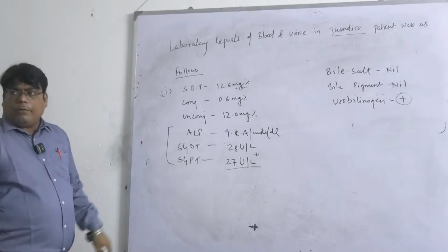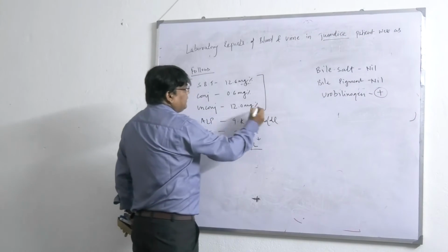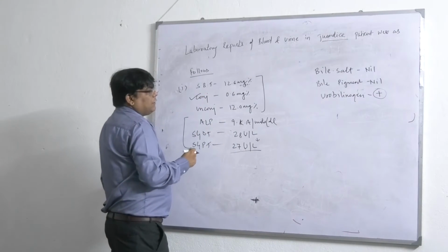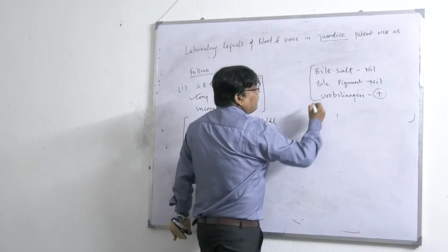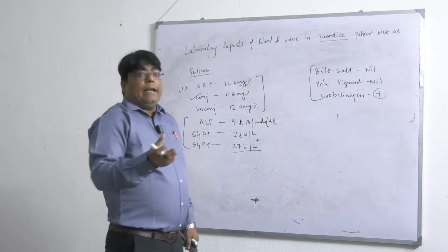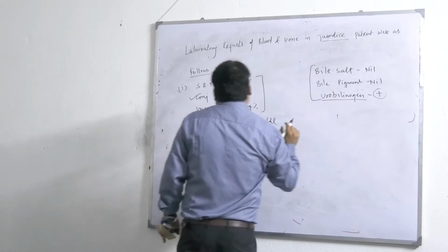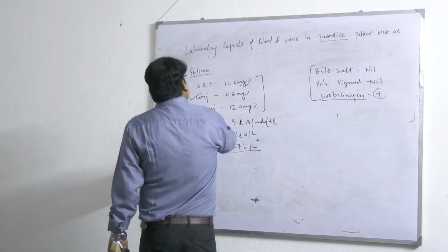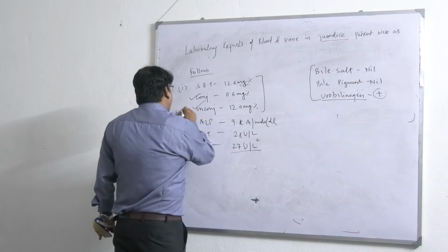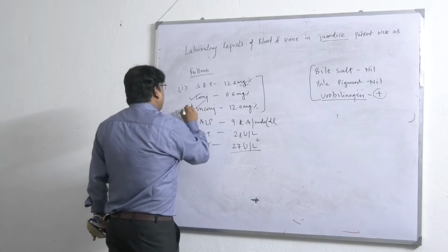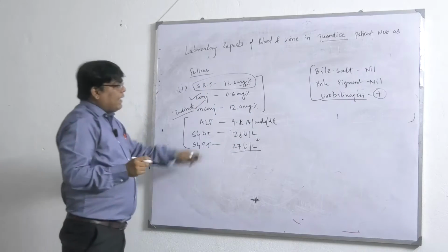All parameters are as in your previous reports. Conjugated bilirubin is normal, bile salt is negative, and bile pigment is nil in the urine. Urobilinogen is already positive. Now the unconjugated, meaning indirect, bilirubin is high, and total bilirubin is high due to the indirect.